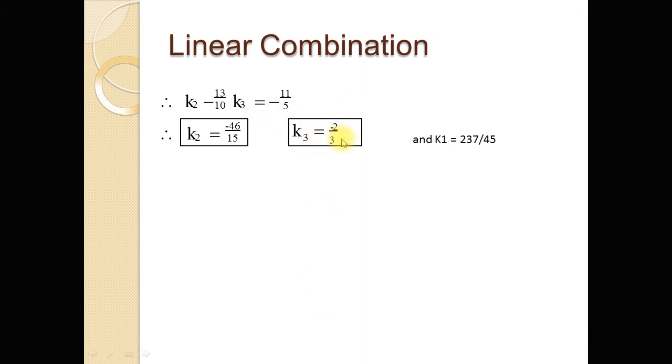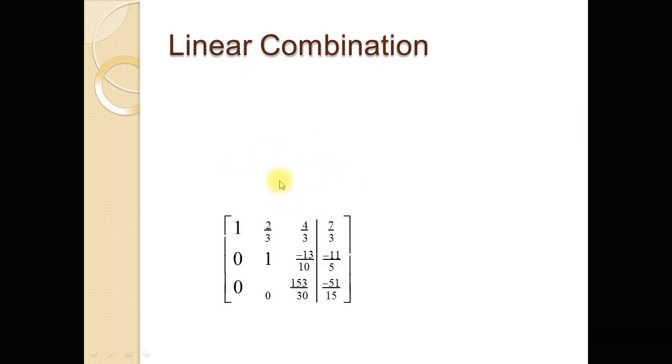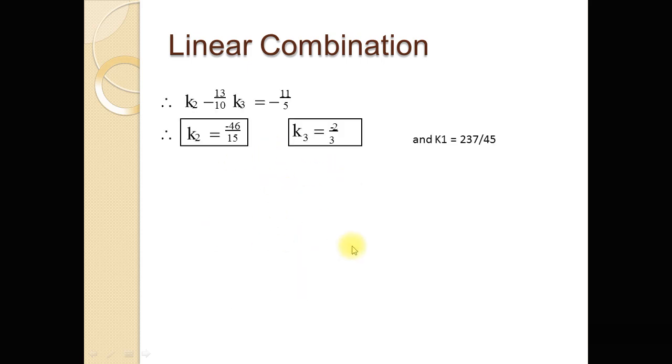Putting the value of K3 in this equation, we obtain the value of K2 as minus 46 by 15, and putting the values of K2 and K3 in the first equation, we obtain the value of K1 as 273 divided by 45.